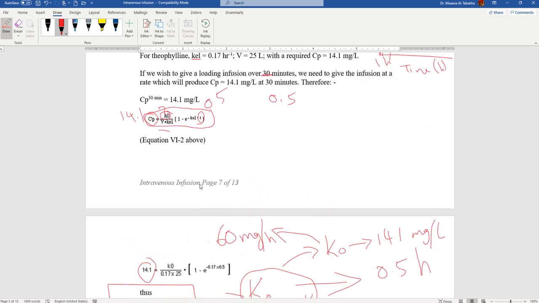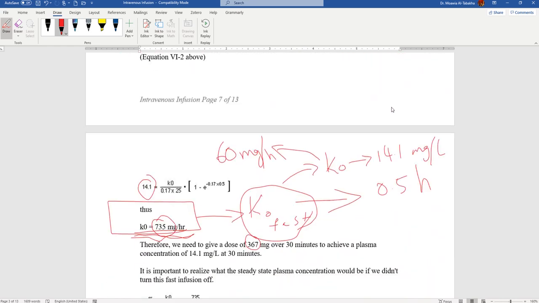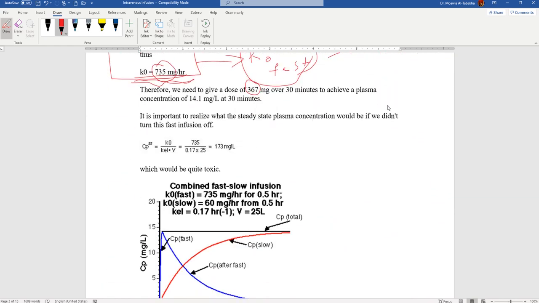But what will happen? Let's go back. So they did not stop at half an hour, but they continued the infusion at the same speed, at the same rate, the fast rate. Then you are going to reach a new CPSS. What is the new CPSS?